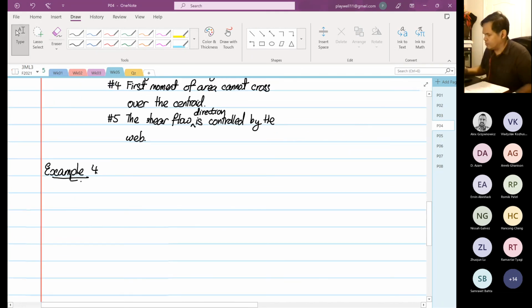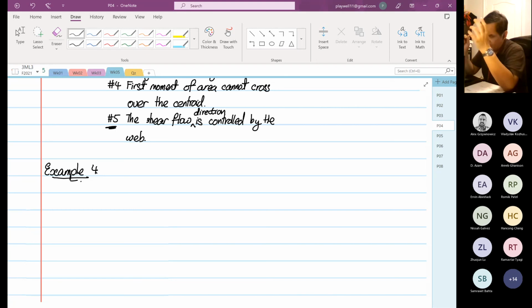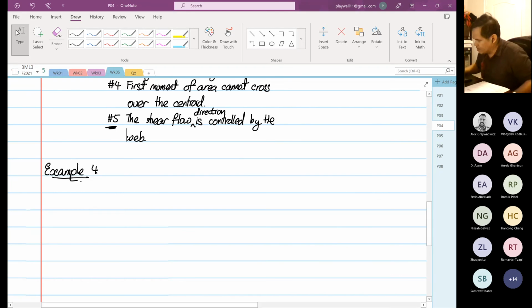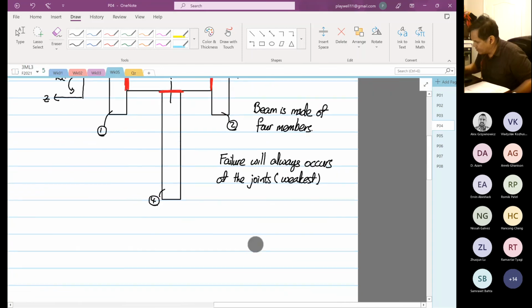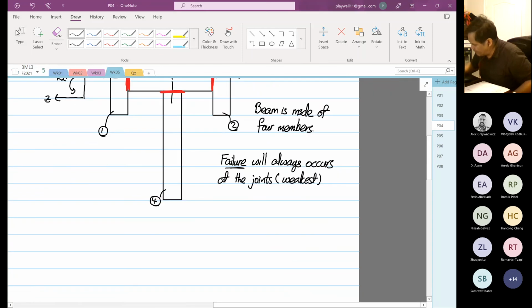Very interesting. In this topic, you have to also design your shear flow. Then you can visualize better, if you visualize the failure. If you don't design the shear flow, you cannot visualize where failure will occur. Now, one difficulty of this topic, as you can see, you have failure.